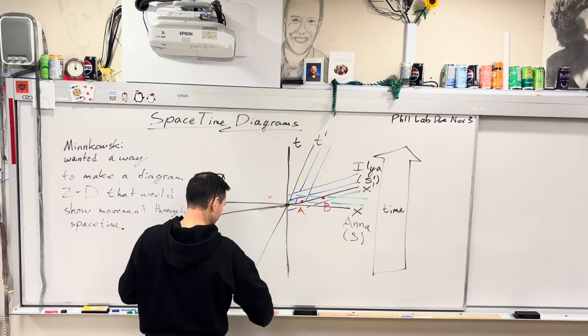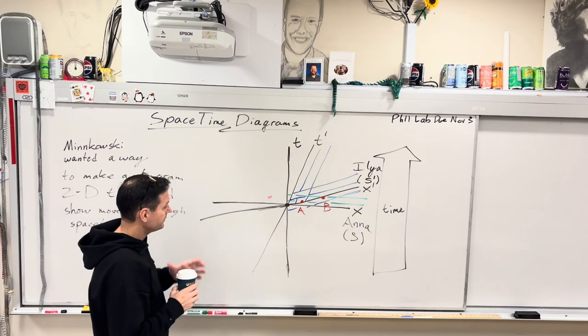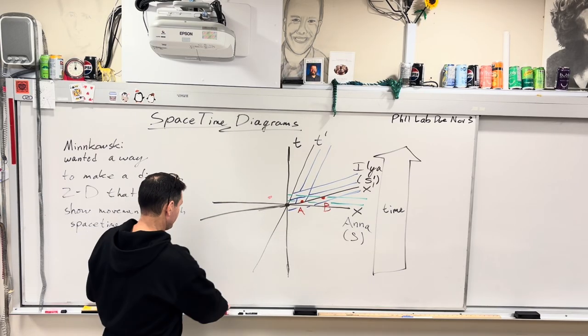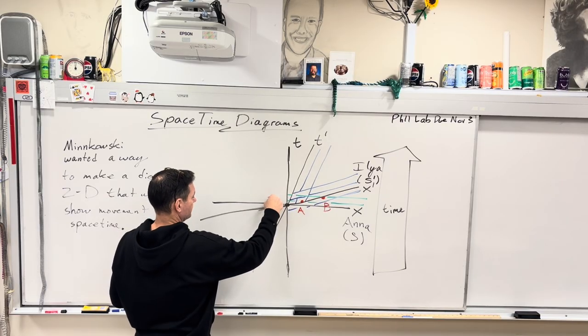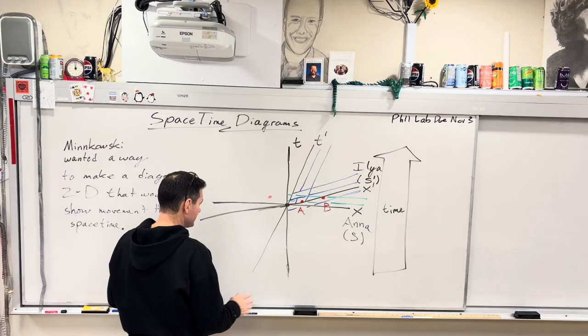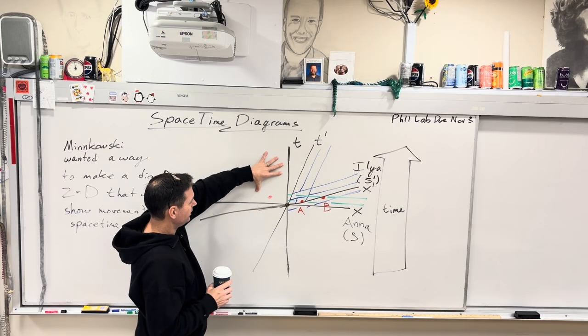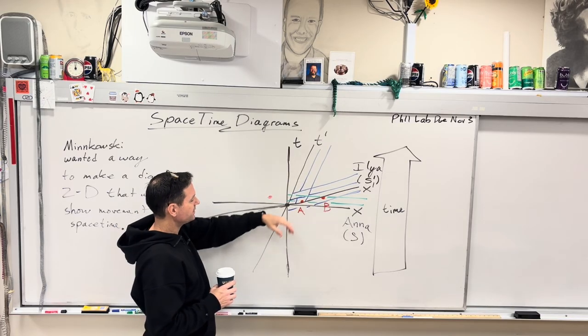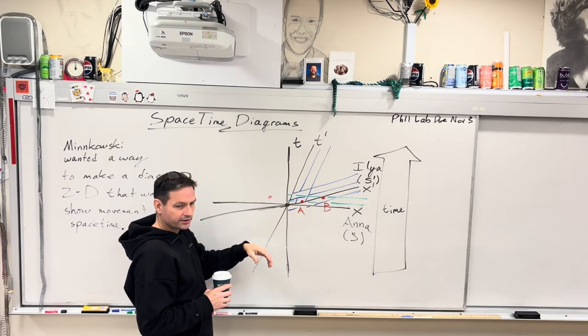And that event, wait a minute, I'm thinking. I think that event is the same. You actually don't, I said that wrong. You don't tilt these ones. You tilt those ones because it depends which direction you're moving in, right?